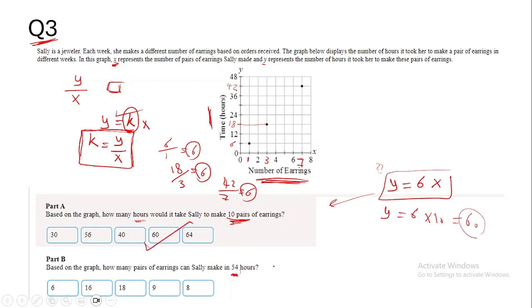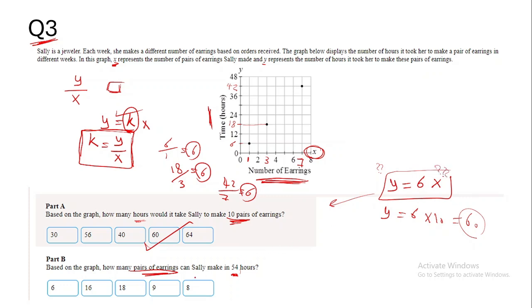The second question would be the same, but asking for a different value. Here, he's now saying how many pairs of earrings? Pairs of earrings, which is x, right? So we'll write the same equation here. That means I'm looking for x.